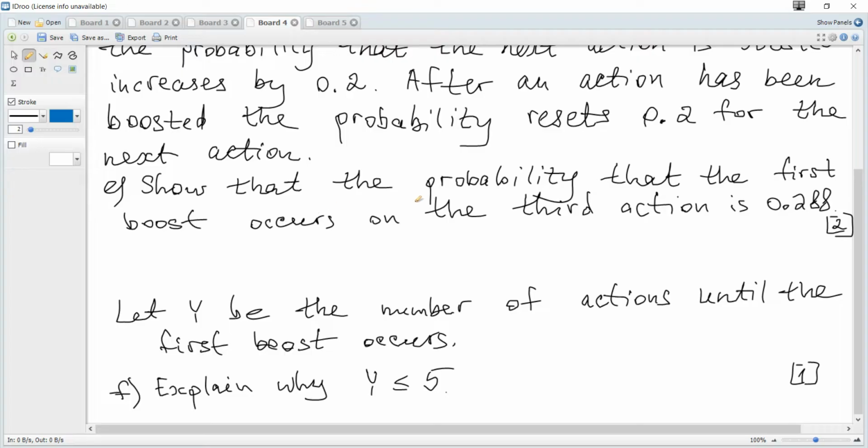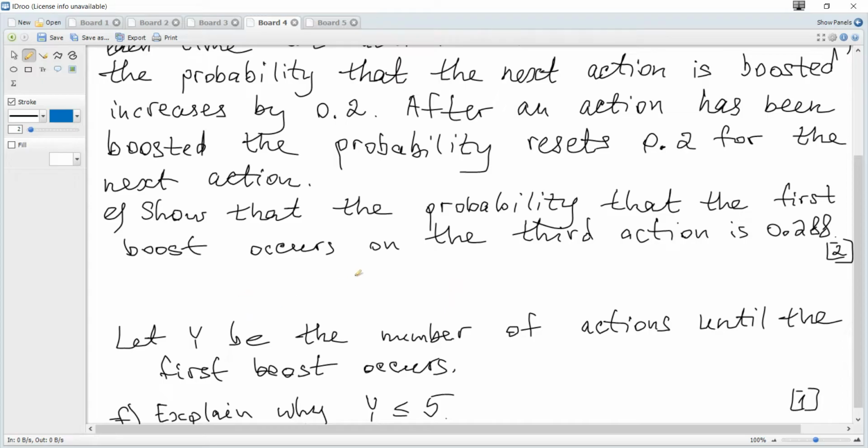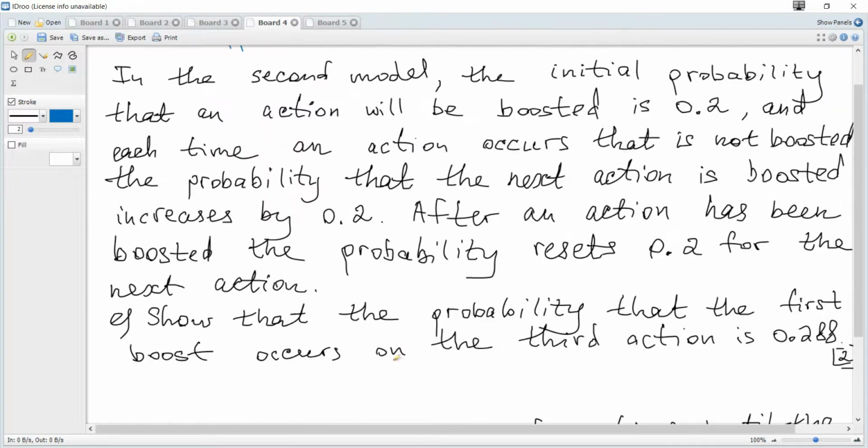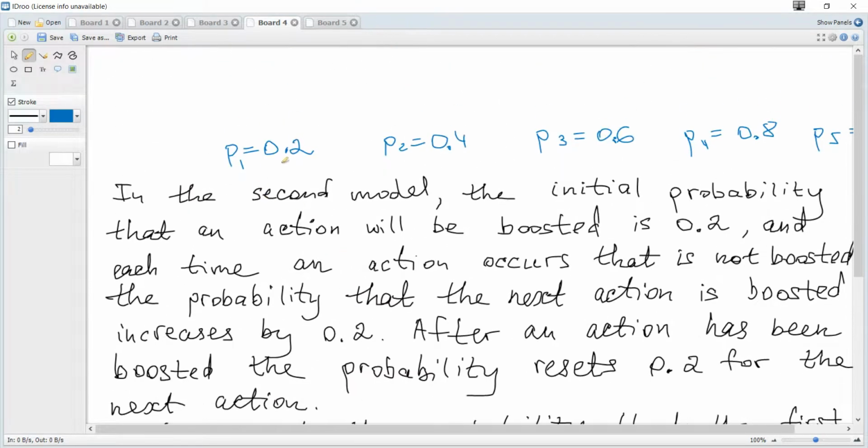So show that the probability that the first boost occurs on the third action. On the third action, it means that no boost on the first, and probability that it occurs on the first is 0.2.